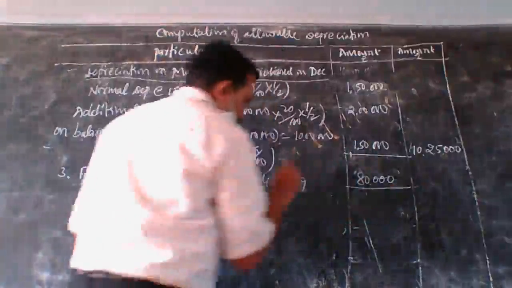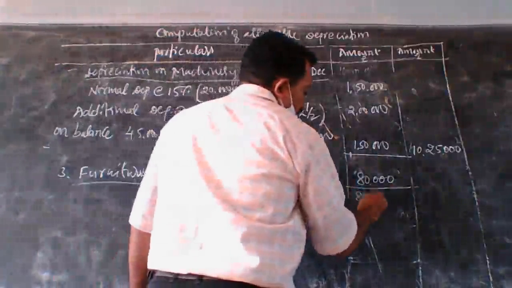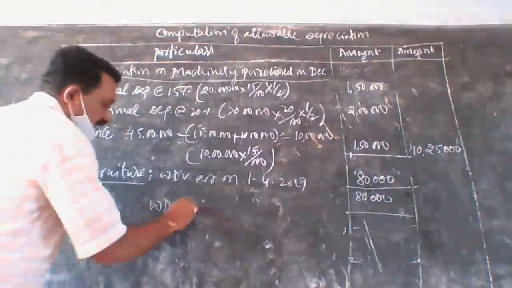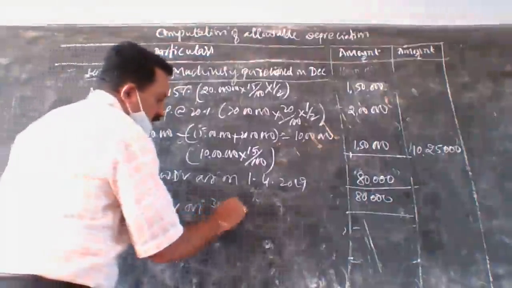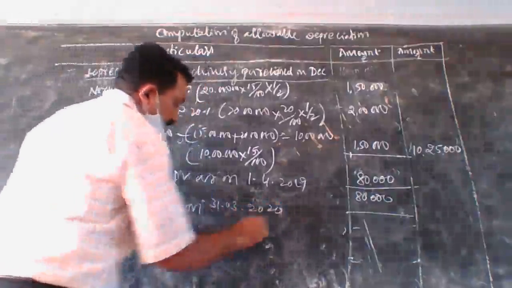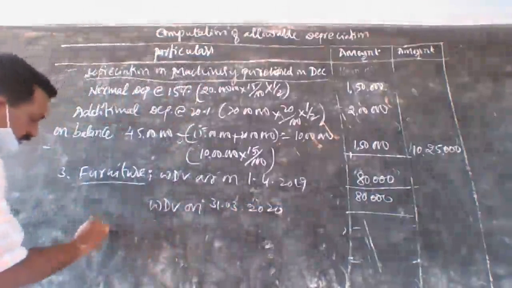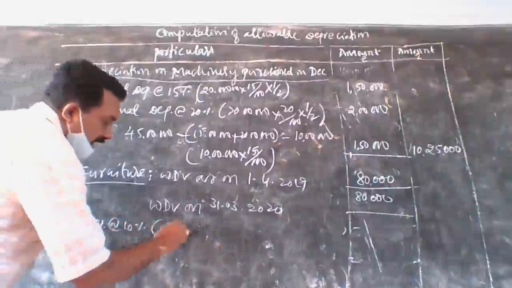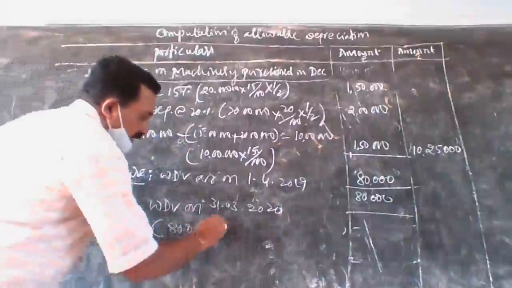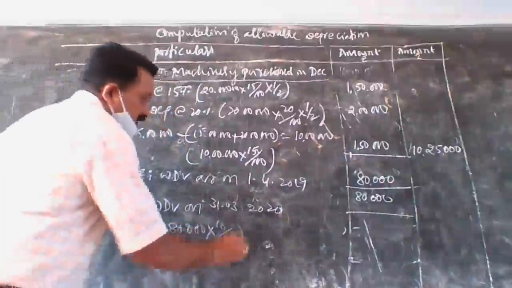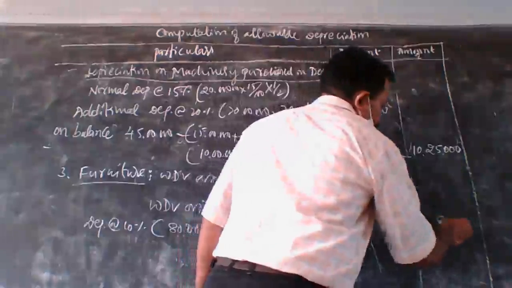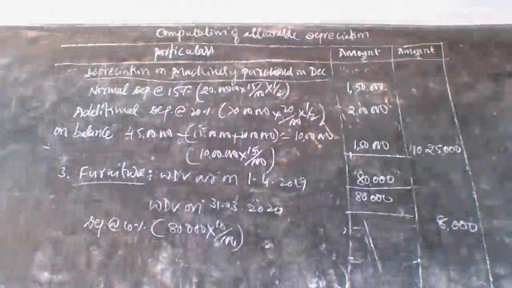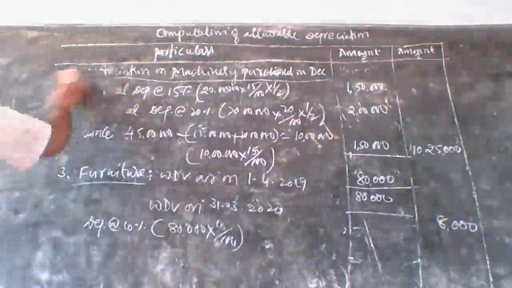So this is the only value. WDV on 31st March 2020. Depreciation at 10%: 80,000 multiplied by 10% is 8,000.